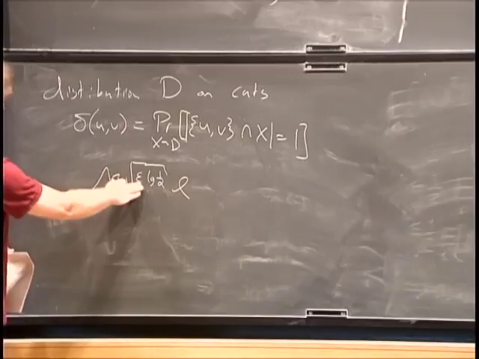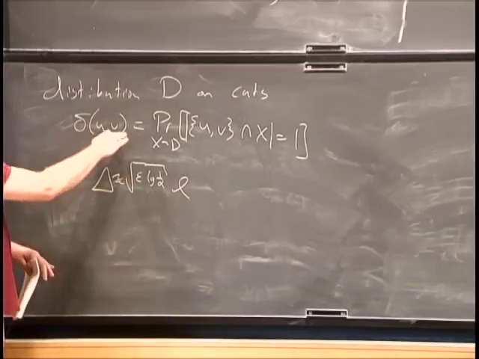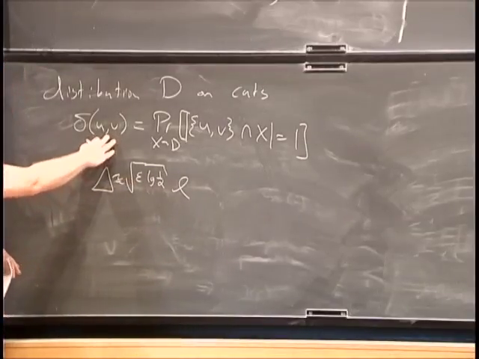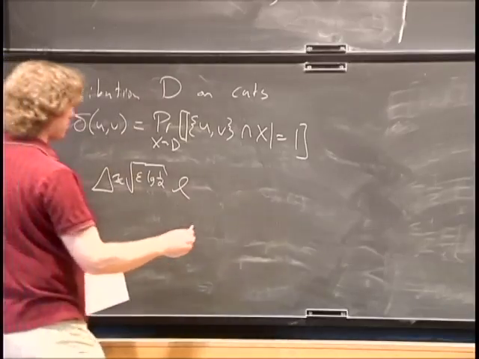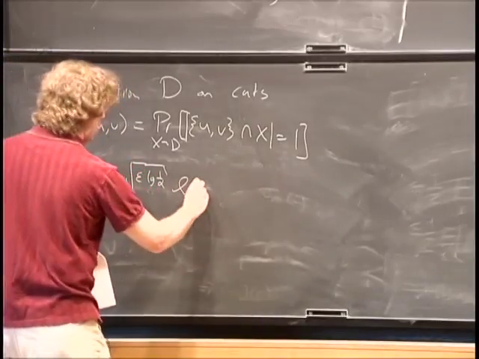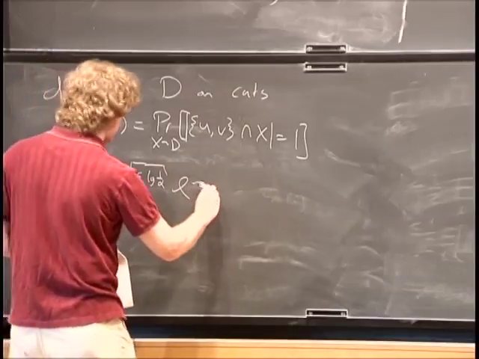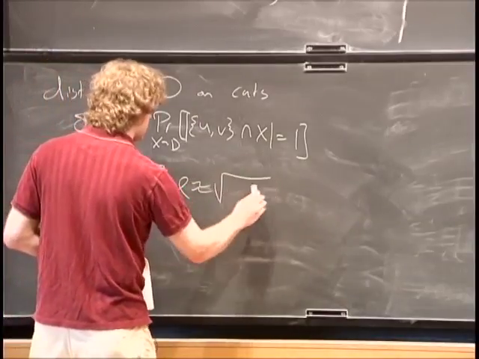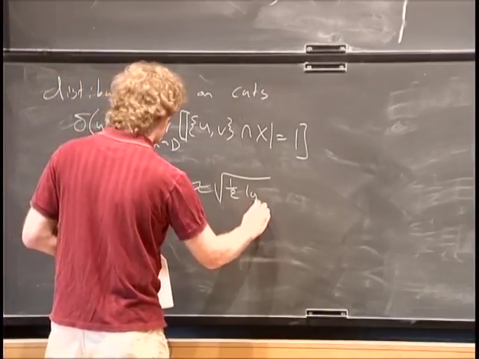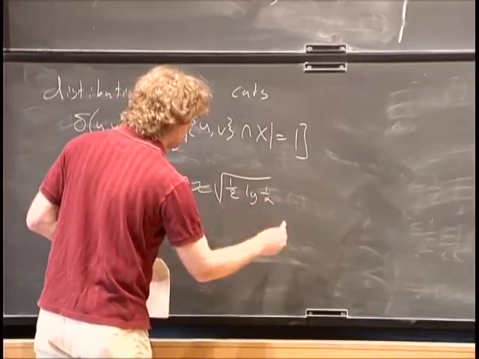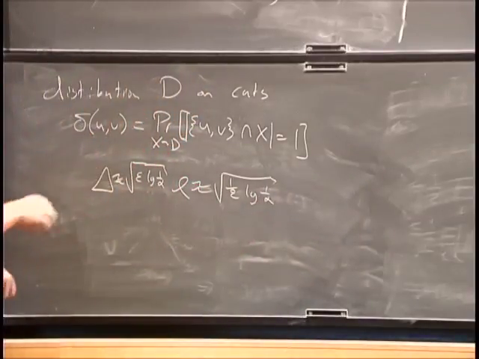This is also where we're saying epsilon is the average delta along an edge. And L is something like square root 1 over epsilon, log 1 over alpha. And there'll be other log terms and whatnot, but that's roughly the idea.